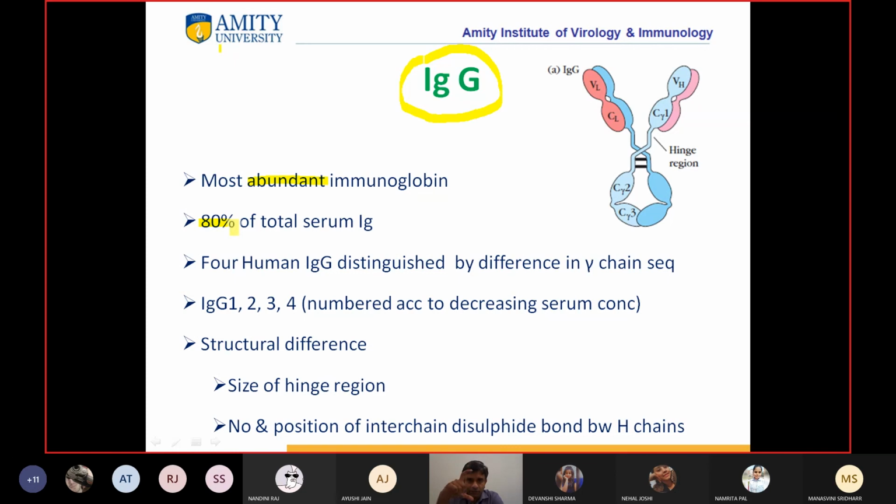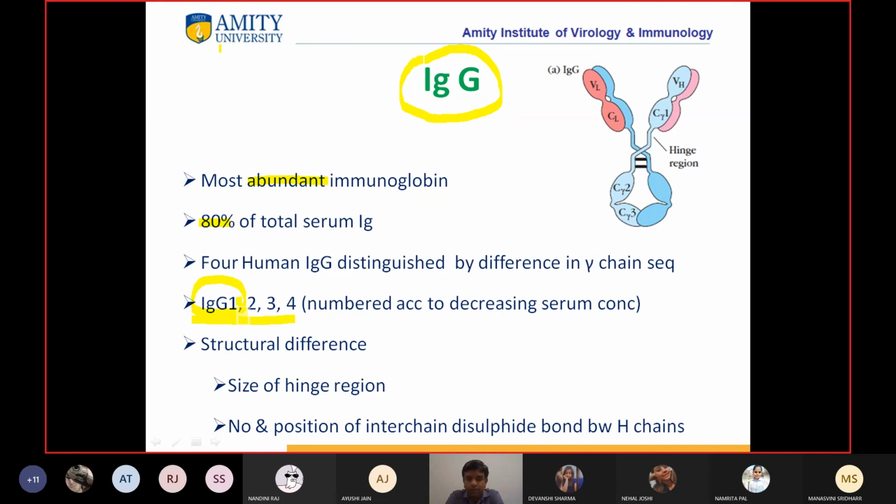When that region was sequenced again and again, always 4 different types were observed. So they were termed IgG1, 2, 3, and 4, and they are numbered according to decreasing serum concentration. So maximum would be IgG1 followed by IgG2, 3 and 4.